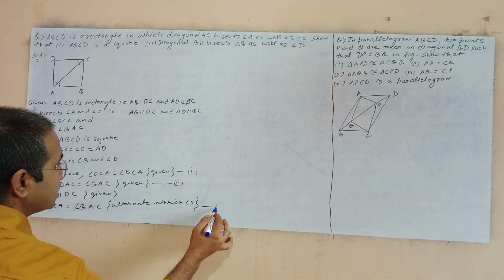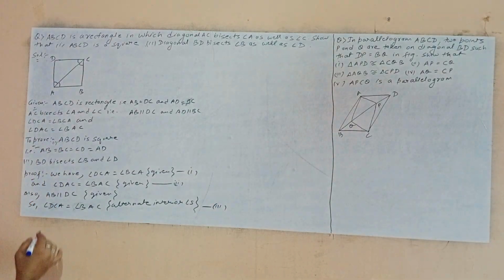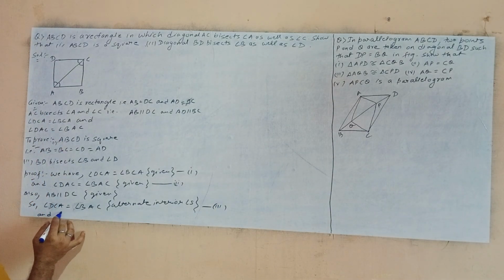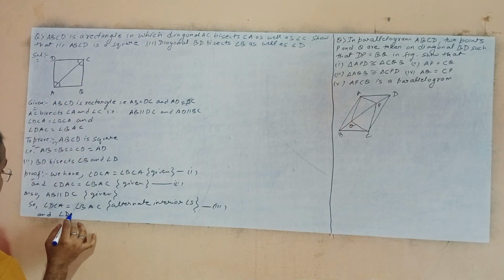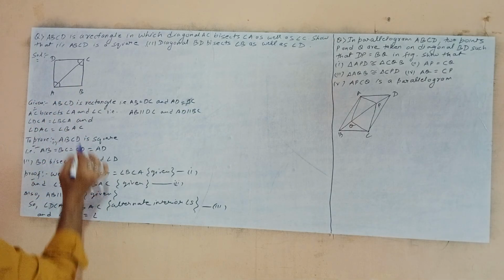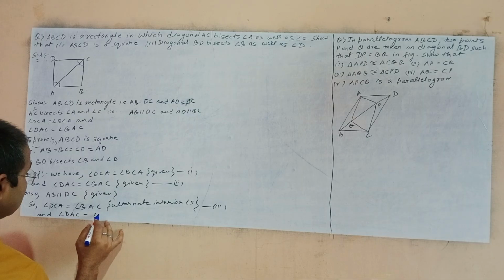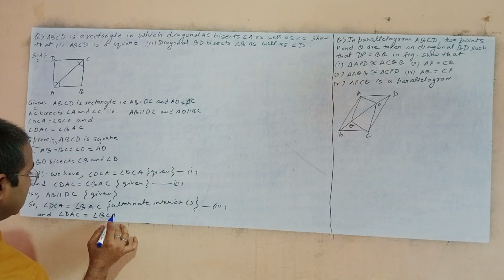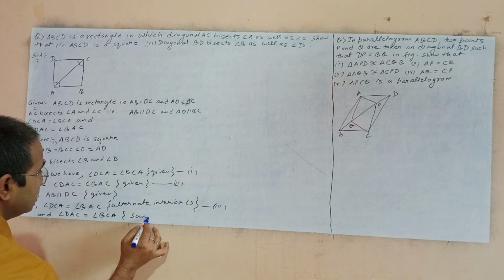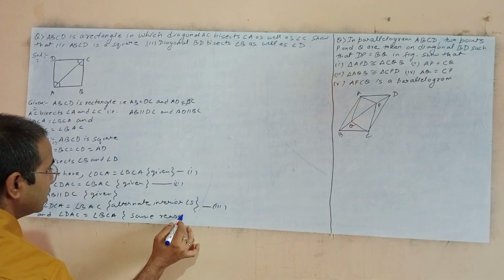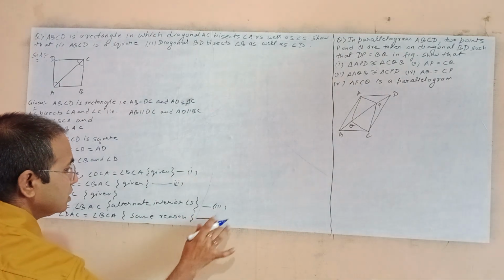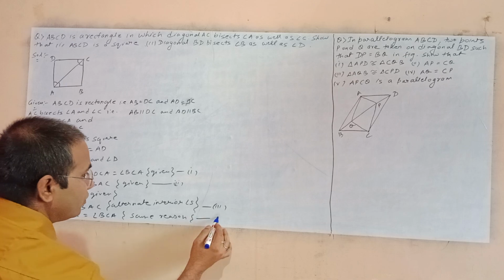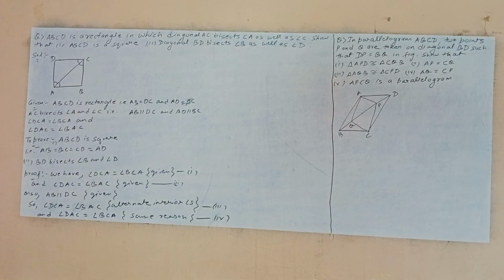Okay, and take it as the third equation. And angle DAC is equal to angle BCA. Same reason, you will write alternate interior angles. Consider it as the fourth equation.